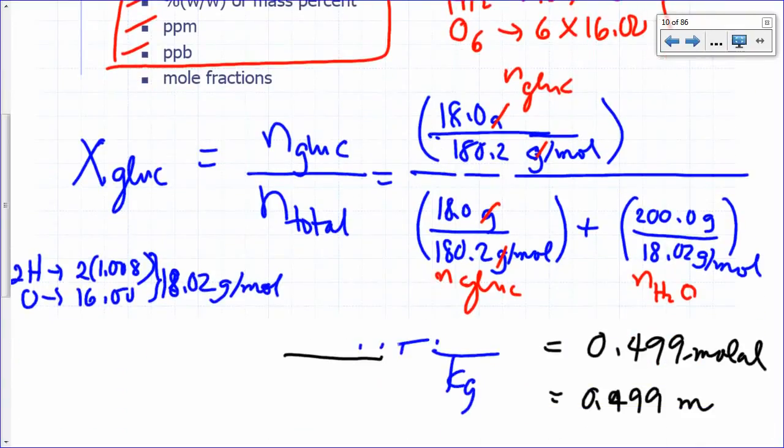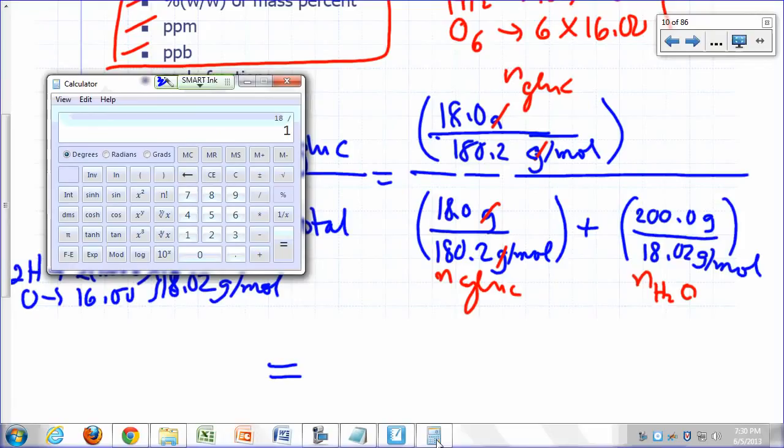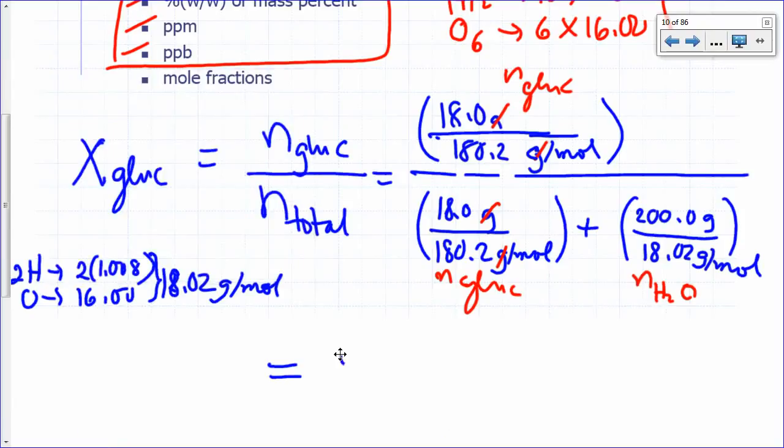So let's add these all up. Let's calculate. We're going to get 18 over 180.2, which is 0.09989.